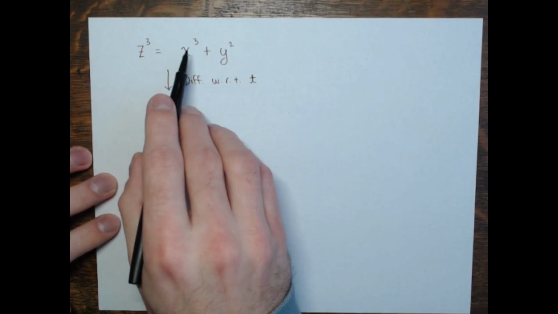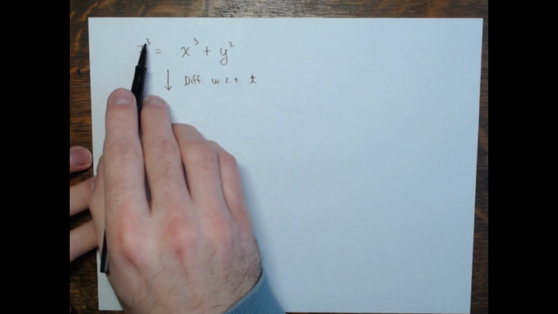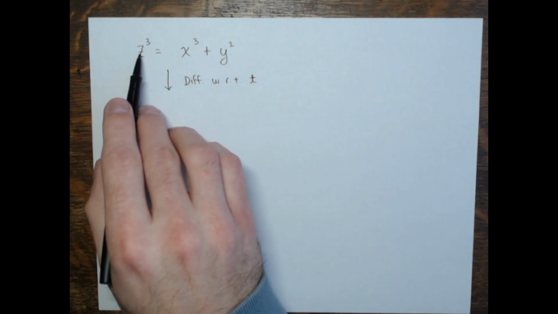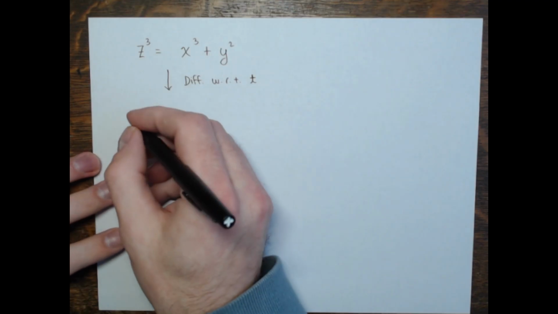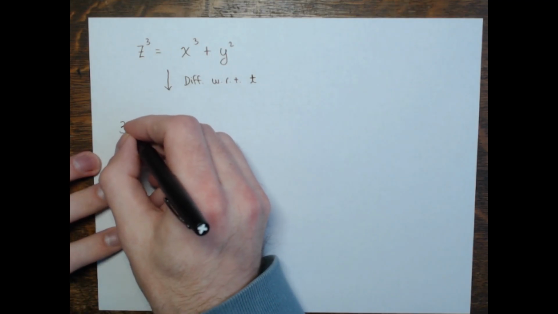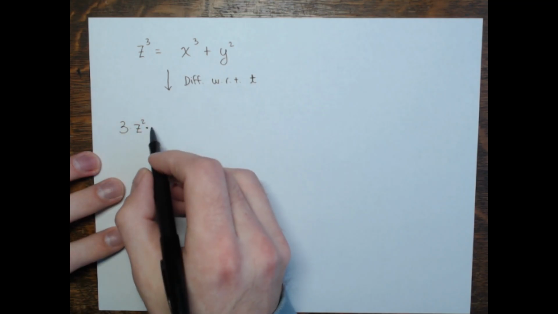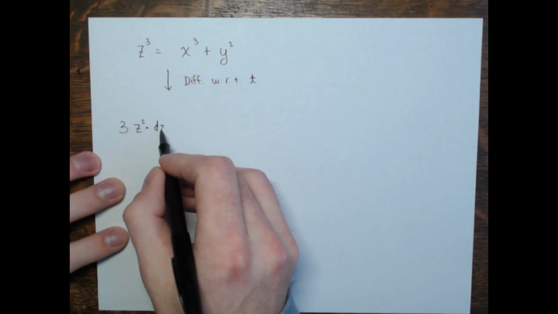I'm using the chain rule, right? Very similar to the last problem. So z cubed, again, that's something cubed. So I would do the power rule first, right? 3 times z squared, and then chain rule, multiply by the derivative of z.